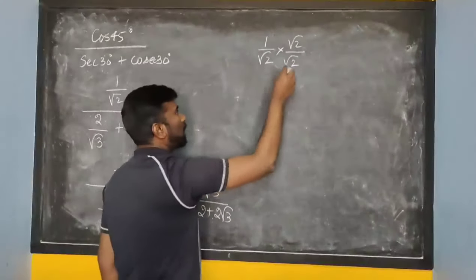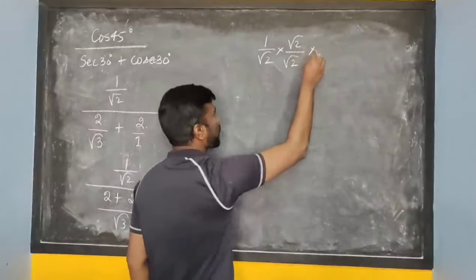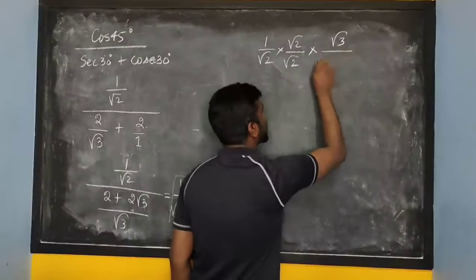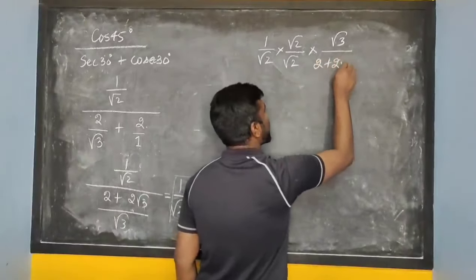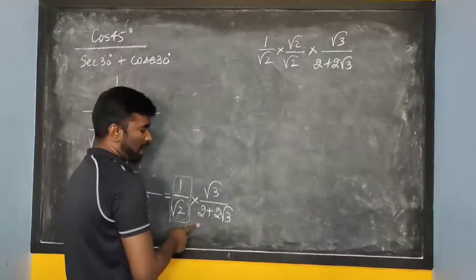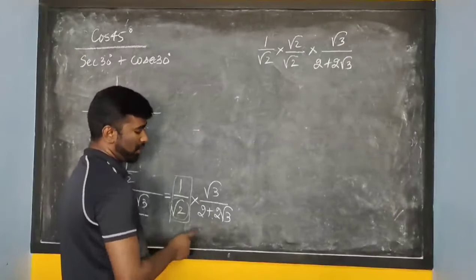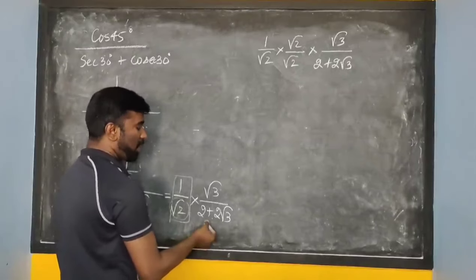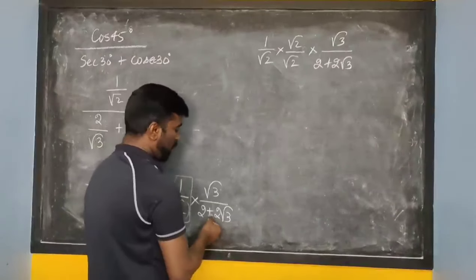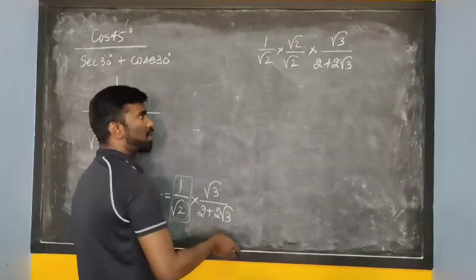So now the next term here is root 3 divided by 2 plus 2 root 3. Since it is also in irrational form, we should convert it into rational form. What should we do? Since it is a binomial, you should change the sign and multiply and divide.